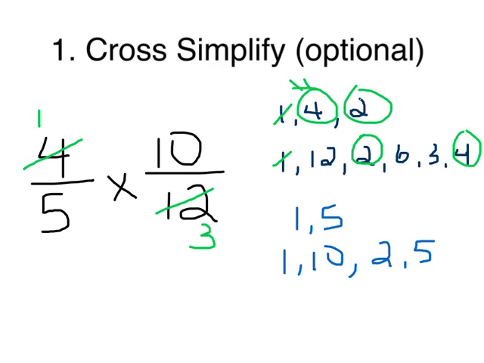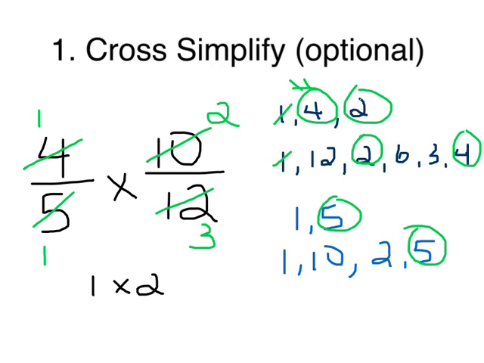My greatest common factor in this example is 5, so I will use that. 5 goes into 5 one time, and 5 goes into 10 2 times. So my new fraction is now 1 times 2 over 1 times 3.